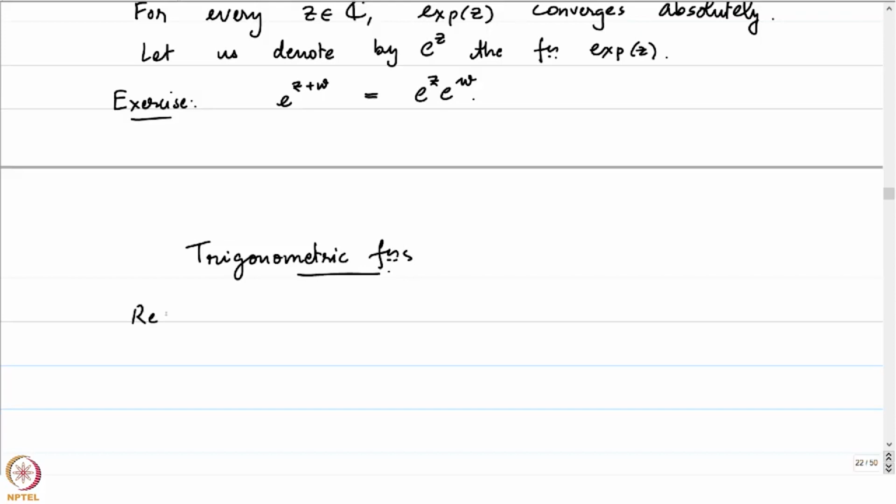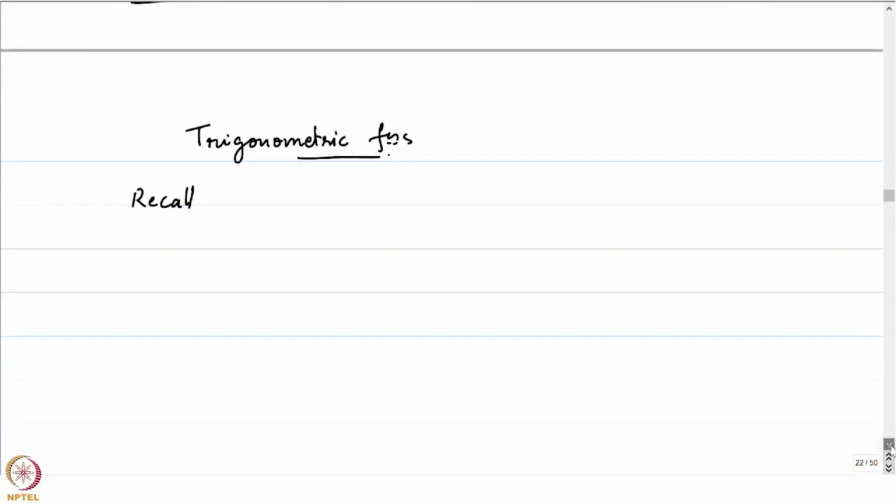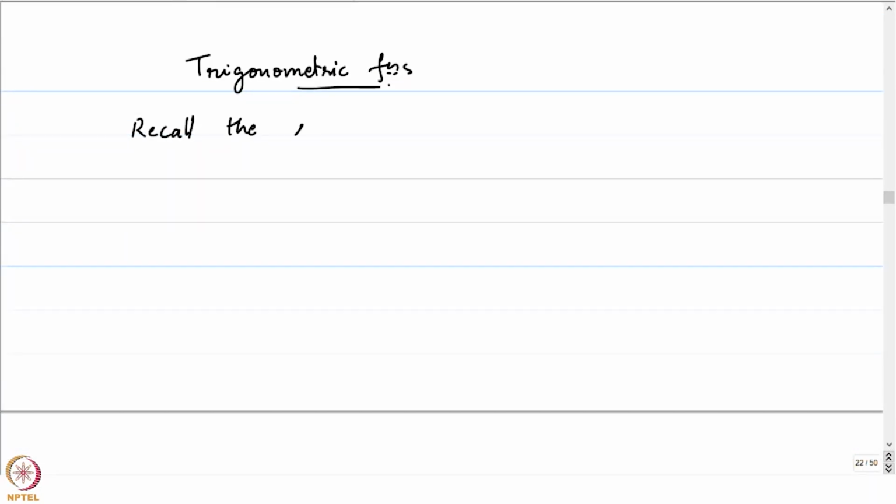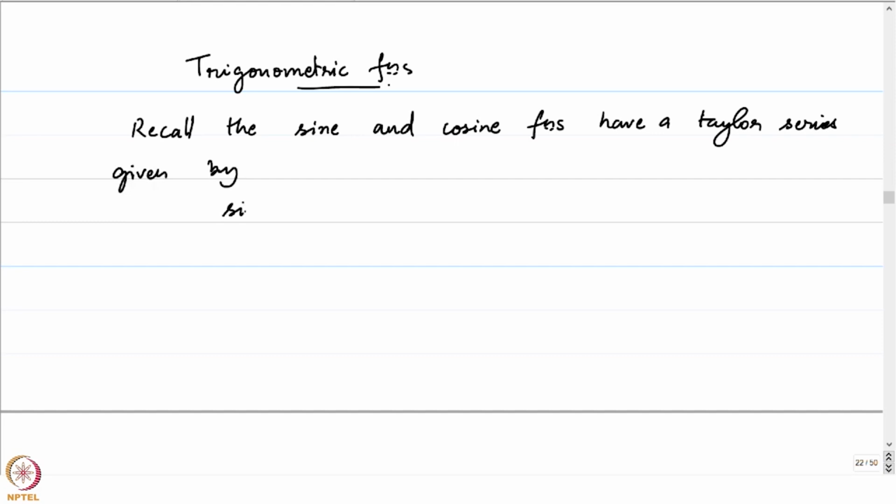Again, I'll start by recalling that the sine and cosine functions have Taylor series given by sine of x equals summation of minus 1 to the power n x to the power 2n plus 1 by 2n plus 1 factorial, where the series is from 0 to infinity.